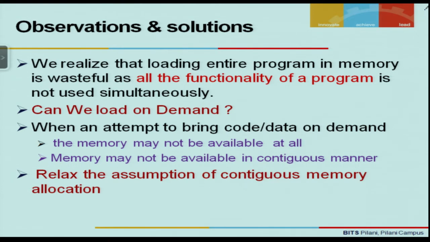So when we talk about load on demand, we would need to carry out runtime address binding, and we would also need to relax the condition that memory should be available in a contiguous manner.